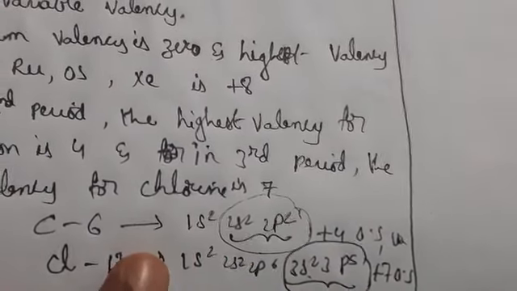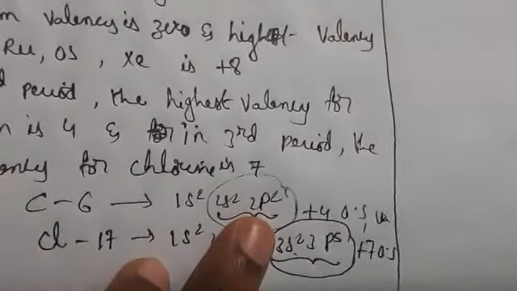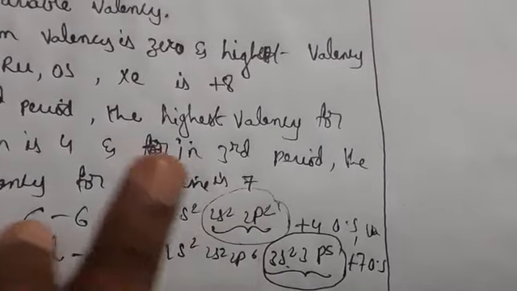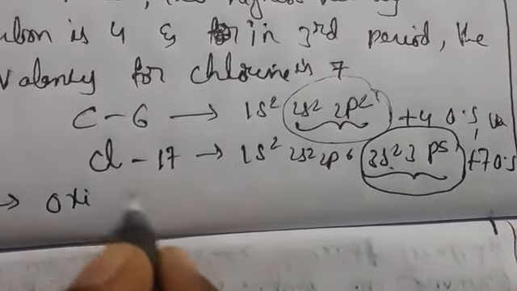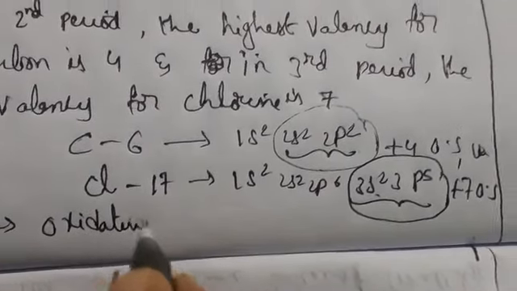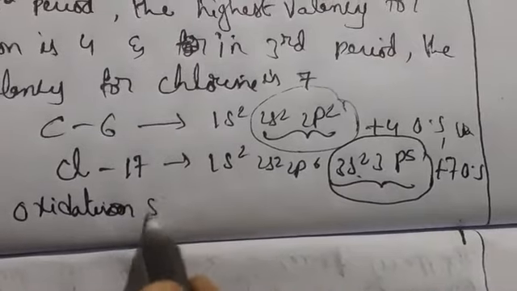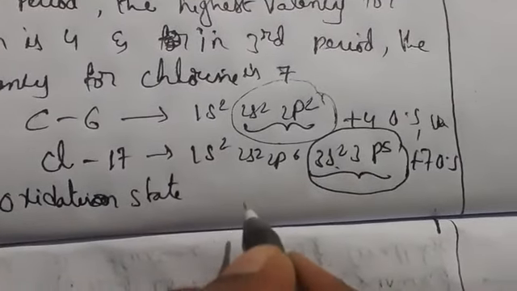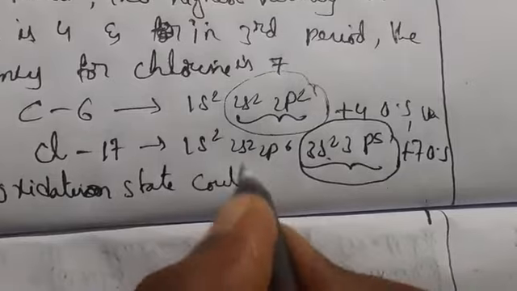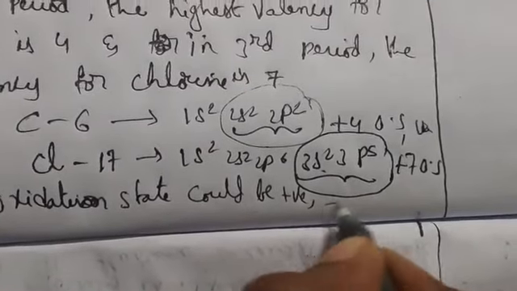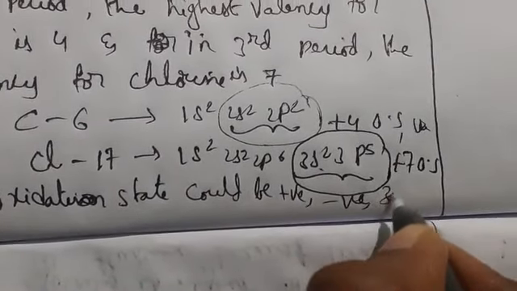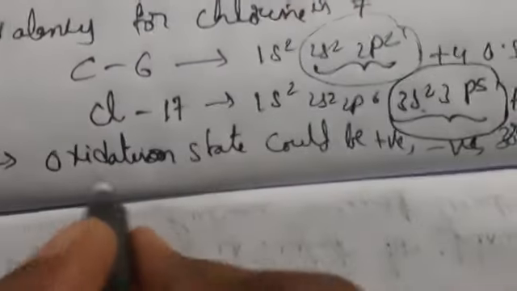Oxidation state is possible when the atoms of elements have different species. The oxidation state can be positive, negative, zero, and fractional also.